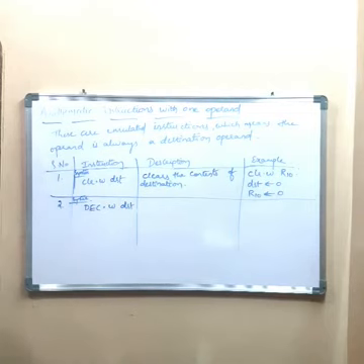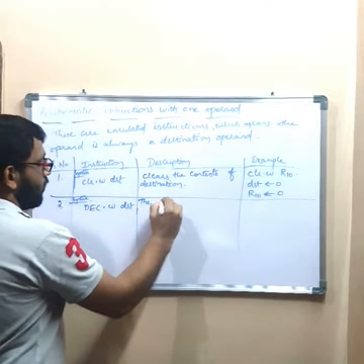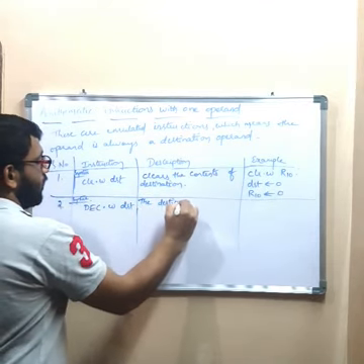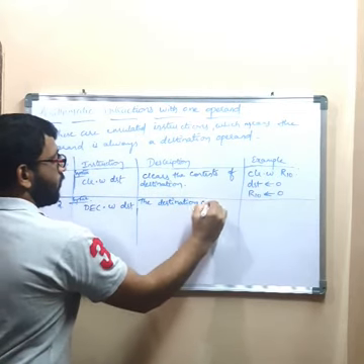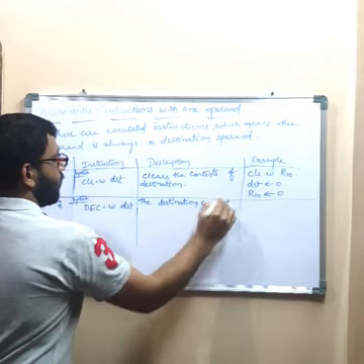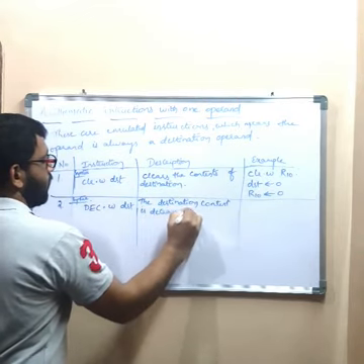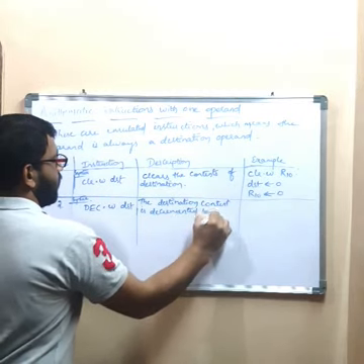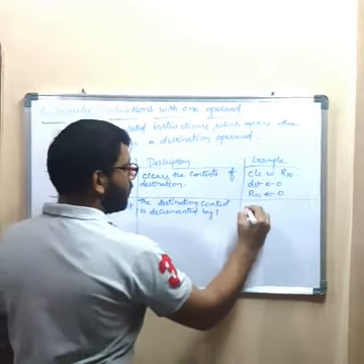DEC.W destination. The destination content is decremented by 1. Let us see the example.